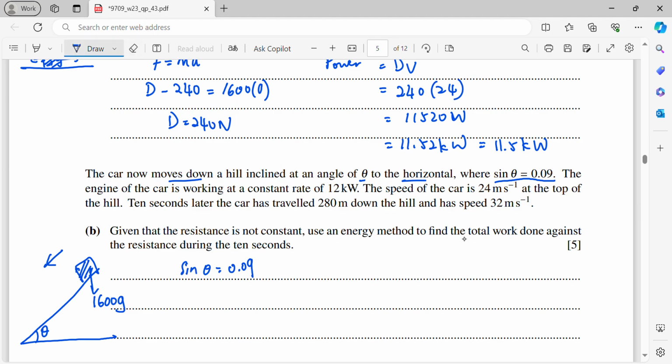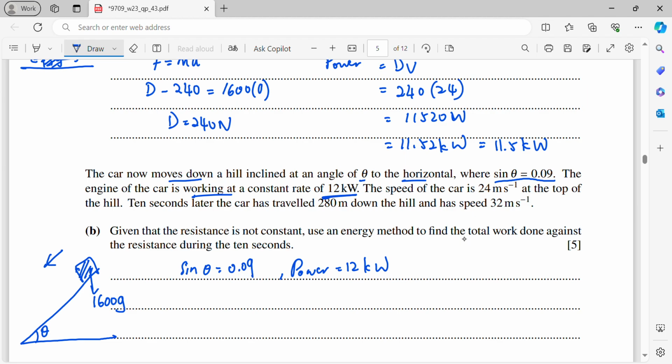Now, the engine of the car is working at a constant rate of 12 kilowatts. That means the power is 12 kilowatts. Then from here I will say that you can find the work done later on, because from the power you can find work done.